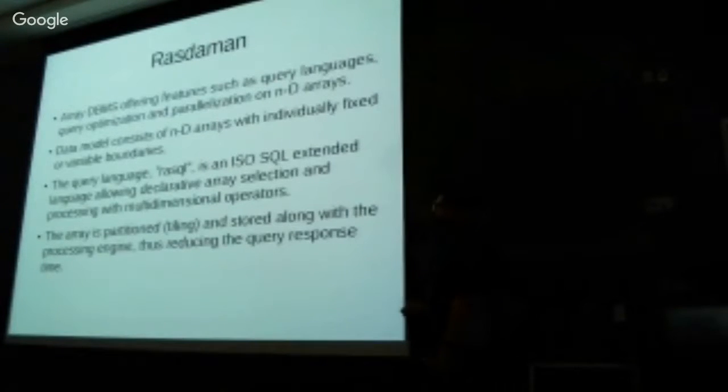It provides a query language, so you can query the coverages or the data that you ingest into your database management. The thing is that the array is partitioned automatically when you ingest it, and thus decreases the processing time. And then when you want to query, it's really fast compared to other services.